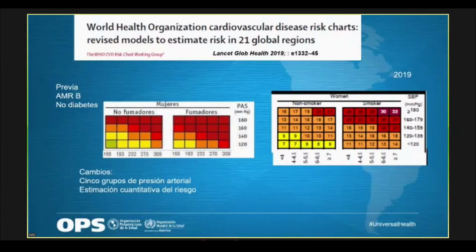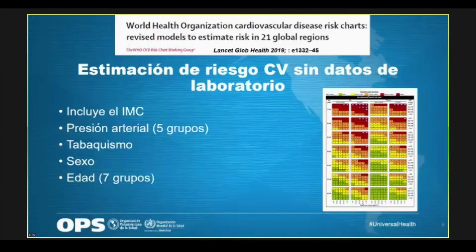Blood pressure moved from 4 to 5 groups, and the most relevant change is that the risk estimation is not only as low, moderate, or high, but now we have an accurate level such as 20% of the cardiovascular risk.